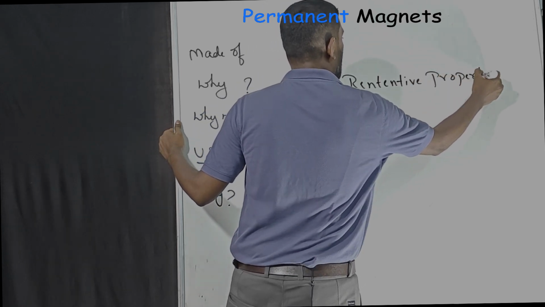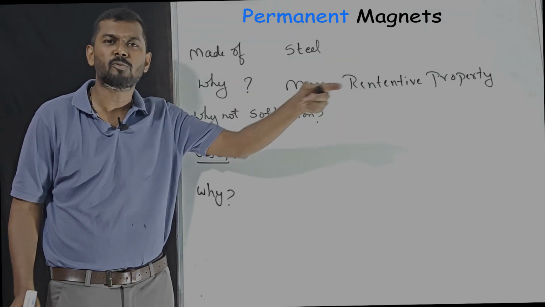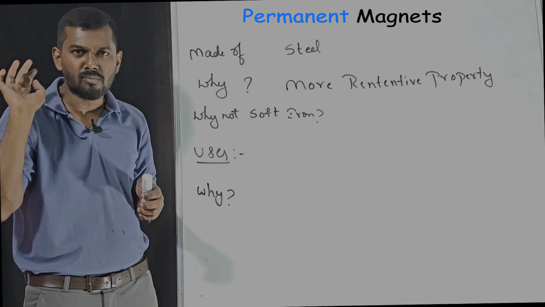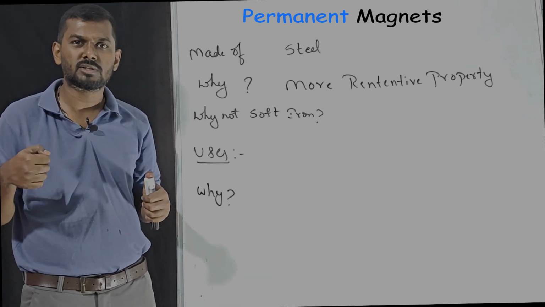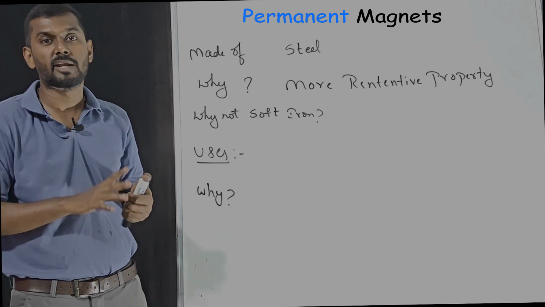In the previous slide we have learned a few things about retentive property. Retentive property means once you give the electricity, it will be converted into a magnet, correct? But once you take out the electricity, it will hold the magnetic power for a longer period of time.